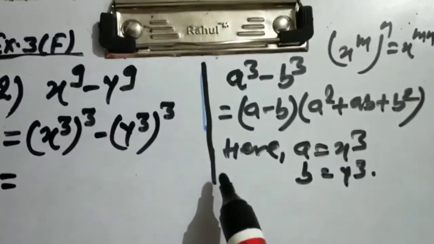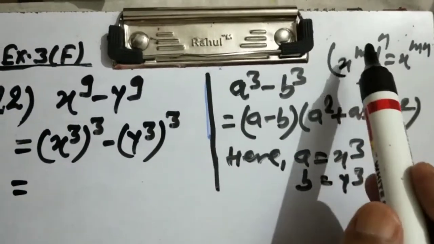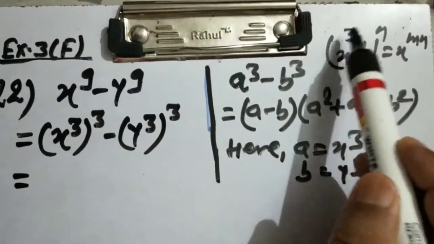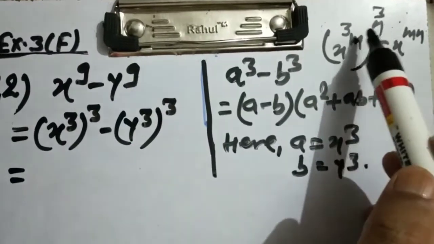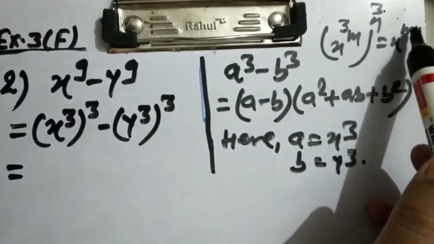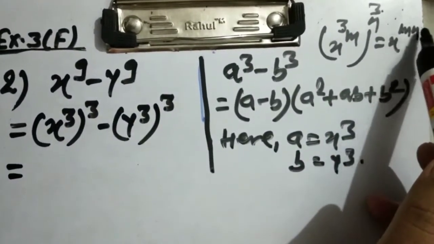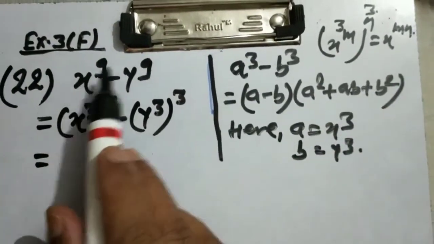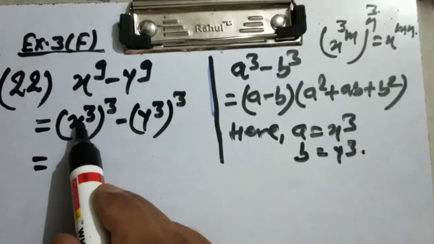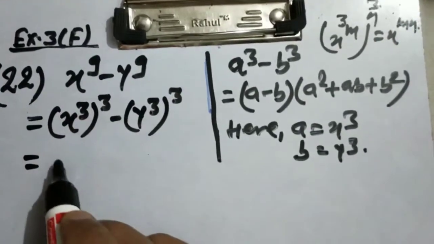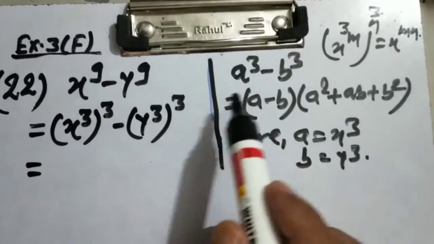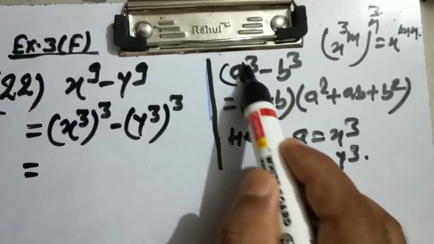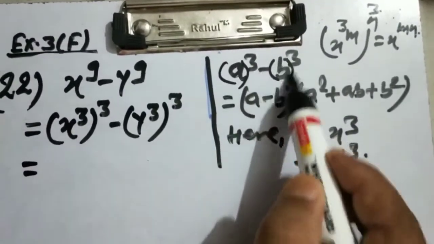So if we multiply this 3 and then n is also 3, 3 multiplied by 3 will be equal to 9. So this x to the power 9 can be written as x to the power 3 raised to the power 3. Now this is based on this identity, a cube minus b cube.